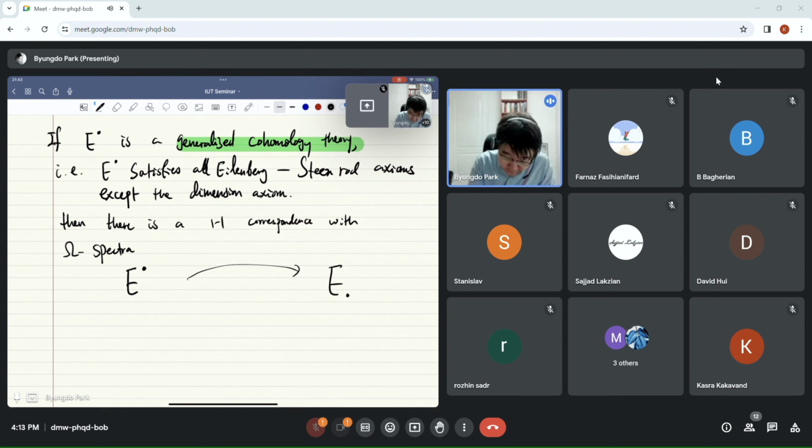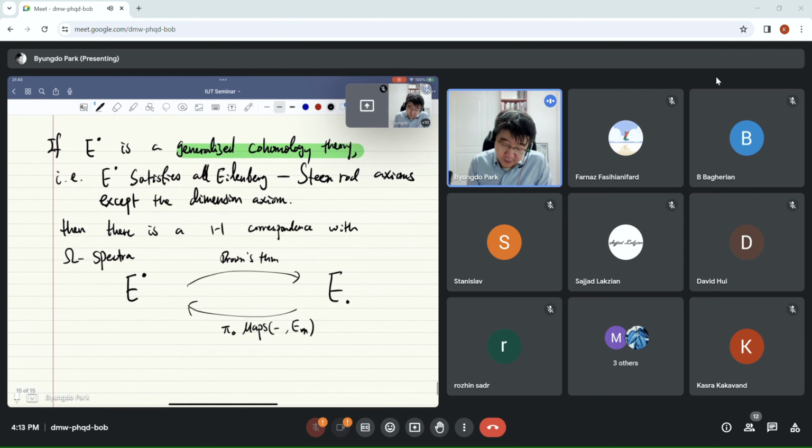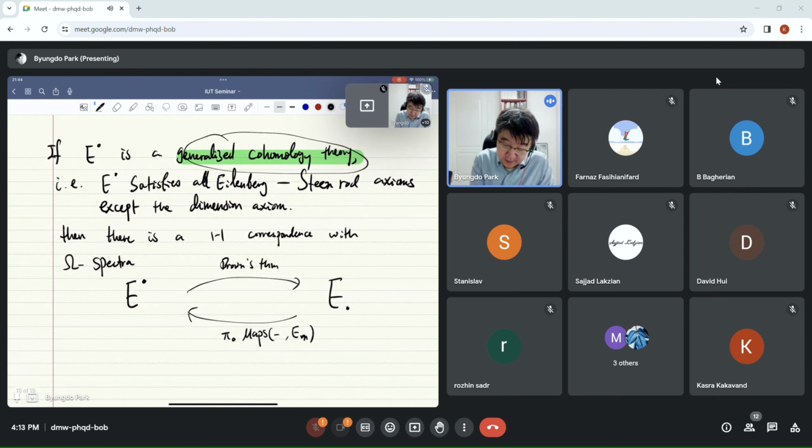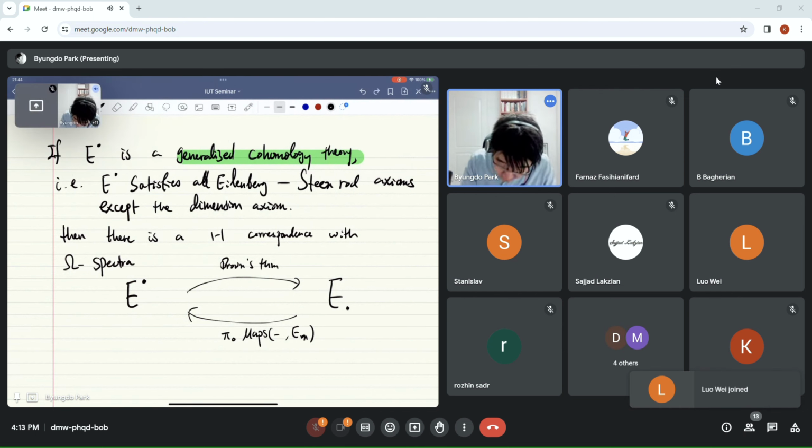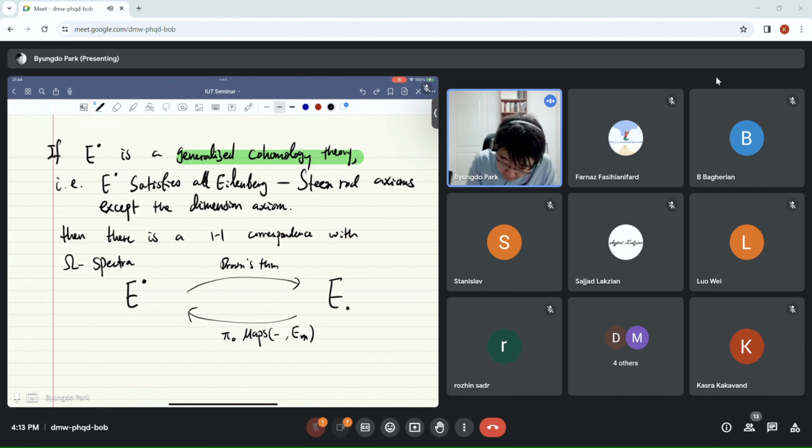This is Brown. If you have a sequence of spaces called an omega spectrum, then by taking pi naught of maps from blank into E sub n, you get a cohomology theory. So really, what I just want to point out here is that generalized cohomology theory is a rich source for the purpose of topology.